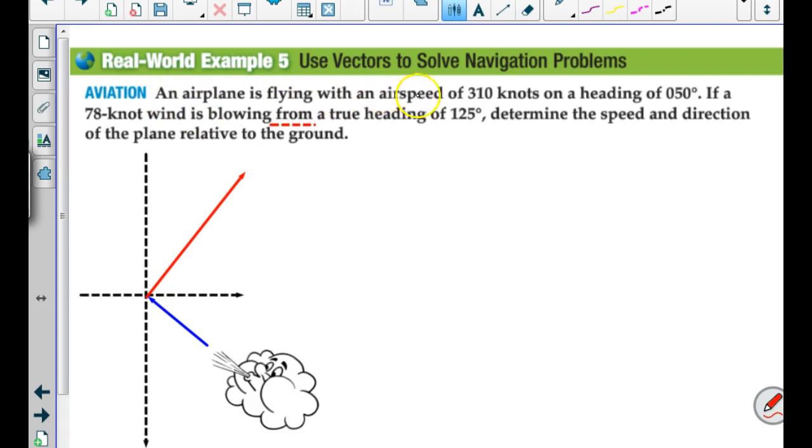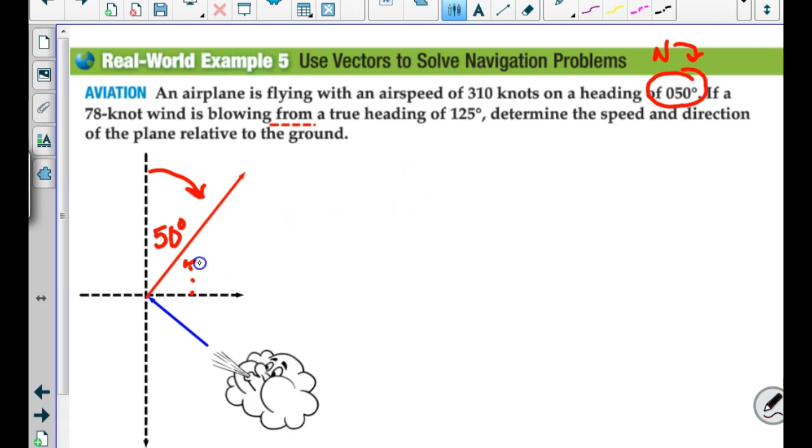It says an airplane is flying with an airspeed of 310 knots at a heading of 050. You remember that this means off of due north going clockwise when they give us these kind of compass bearings. So the angle in here is 50. But when we do components, we always need off the positive x-axis. So what would this angle be? 40.